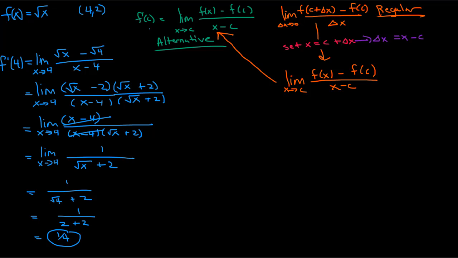If you want to find a general derivative function, we want to use the regular one. If you want to find the derivative at a specific point, we'll usually use the alternative. That's usually going to be the breakdown of that.